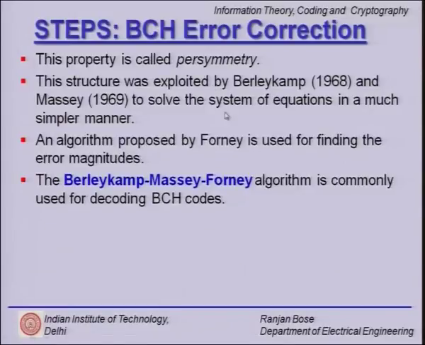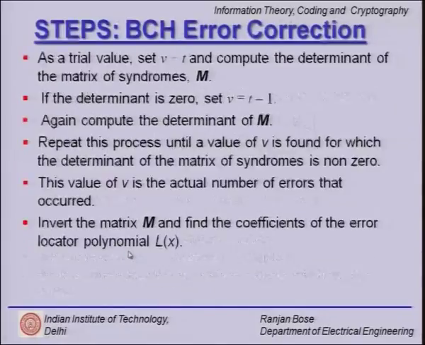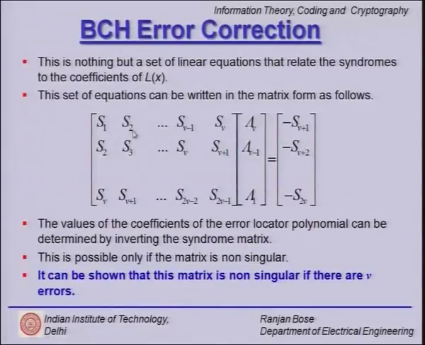So, people have done a lot of work on this, and the entries in the diagonal perpendicular to the main diagonal are all identical. If you look at this, you see S2 S2, then S3 S3 S3 and so on, and the diagonal S nu S nu S nu.